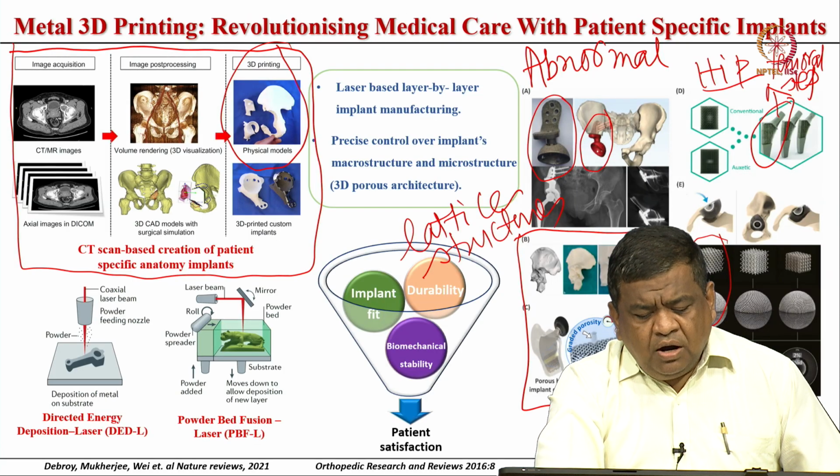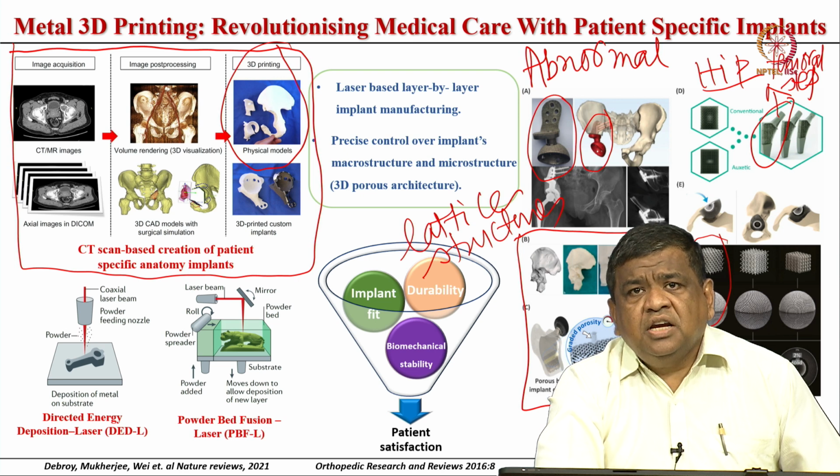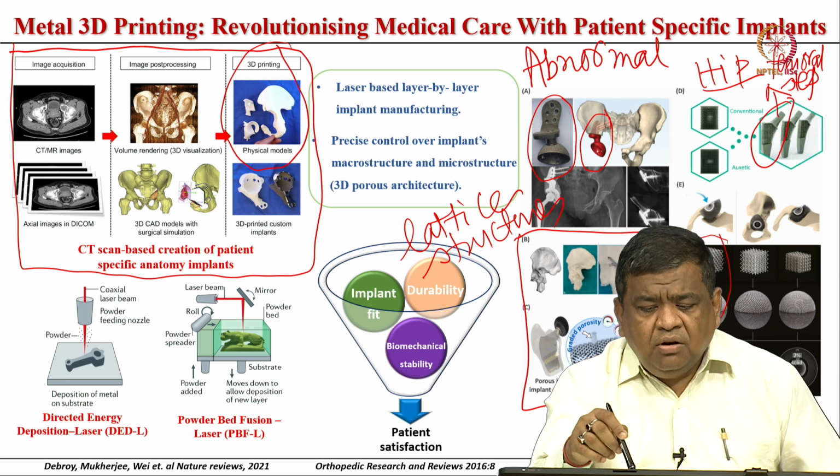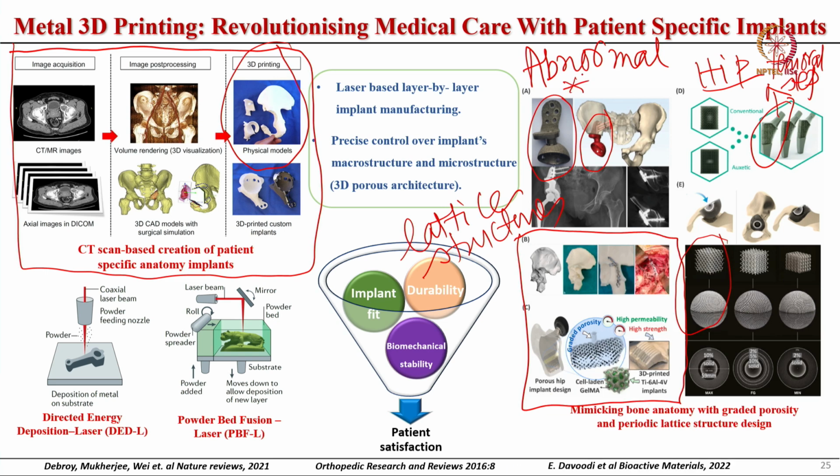Right. So, one of the major things that conventional manufacturing cannot do, if you look at this particular complex shaped implant, for conventional manufacturing it will be very difficult to fabricate this kind of components with so many holes, lattice structures and so many intricate design features.